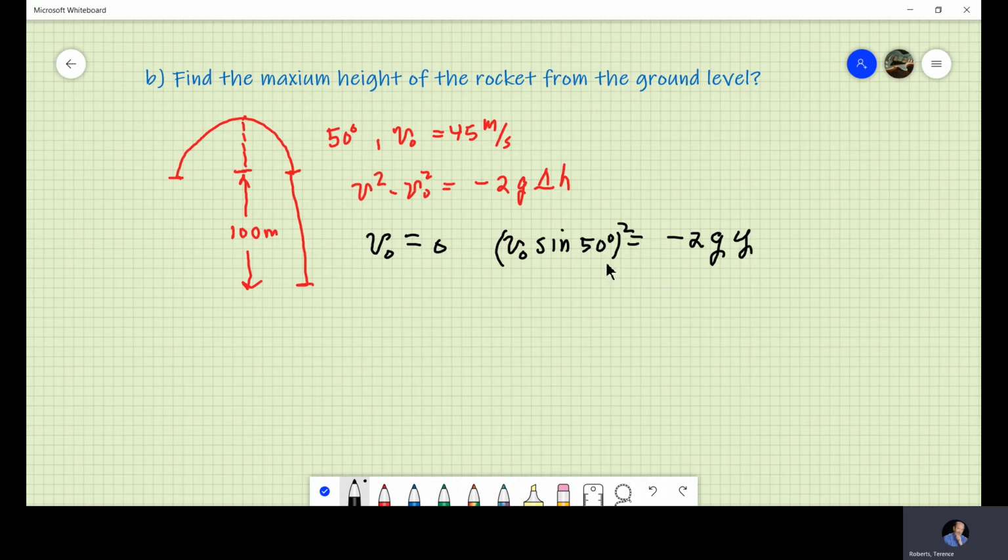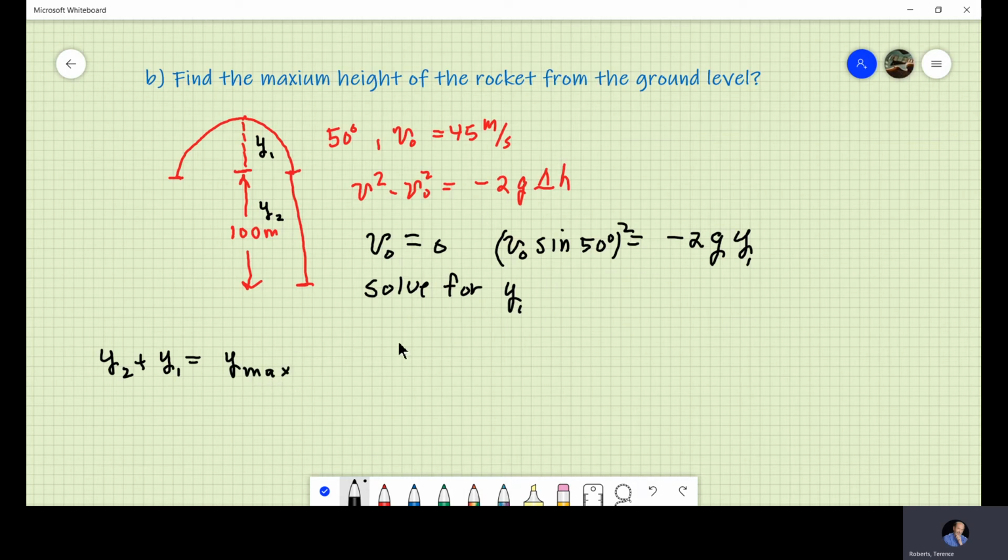Now we need to solve for y. We can call this y1 and this distance y2. So y2 plus y1 will equal y max.